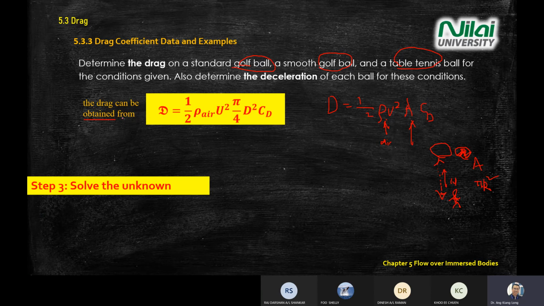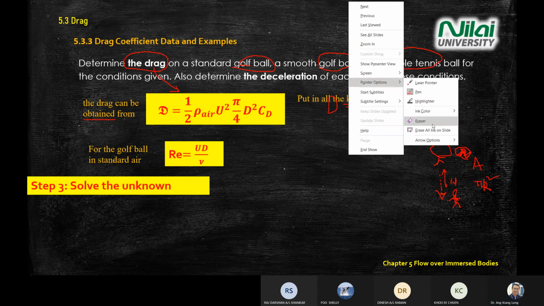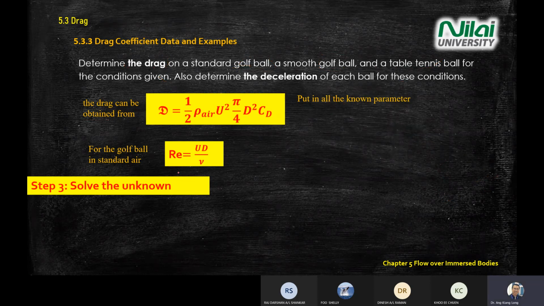The question asks you to find drag, so the expected answer from us is the drag equation. You can either write this one and then modify it a little bit. So for a golf ball in the air, you find the Reynolds number. Reynolds number equals U D divided by kinematic viscosity.